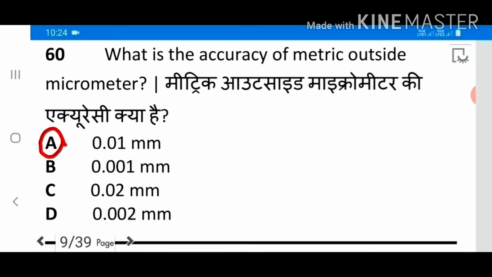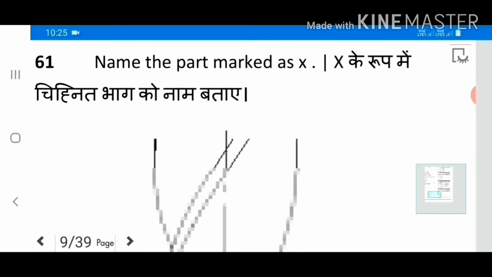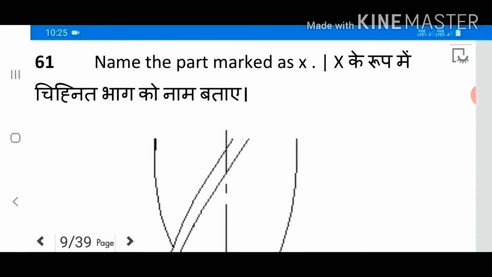60. What is the accuracy of metric outside micrometer? Answer A. 0.01 millimeter. 61.